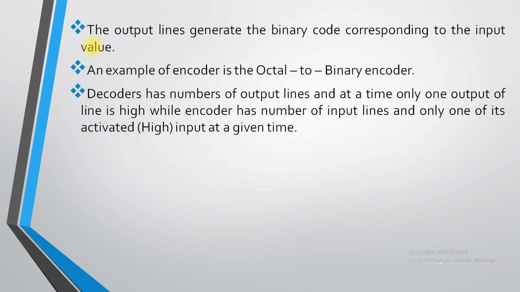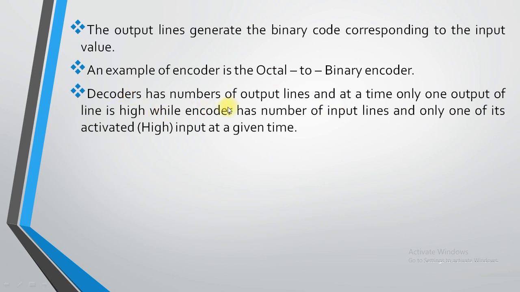The example of encoder is octal to binary encoder, and in our syllabus we have octal to binary, that means 8x3 encoder. Like decoder we have encoder. With a decoder, at a time one output line is activated. Over here with encoder, at a time one input line is activated.